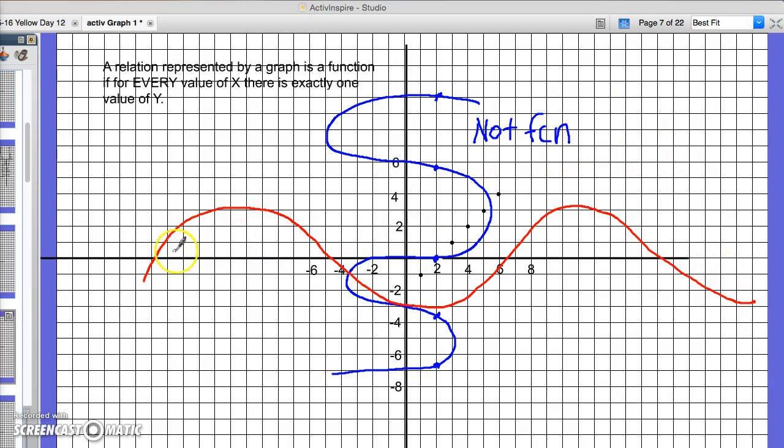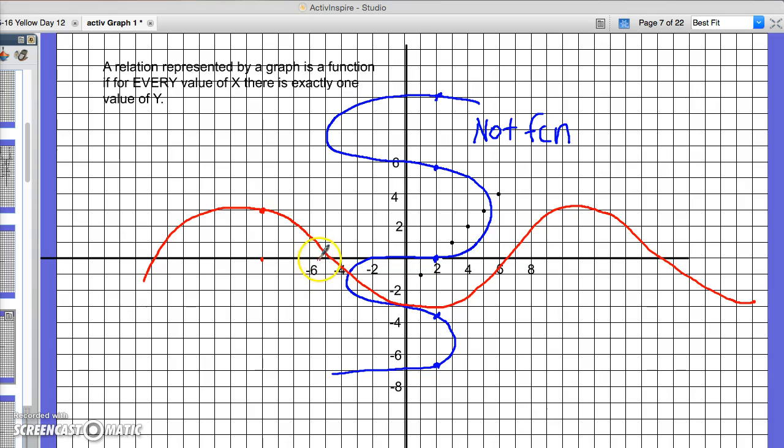So if I pick any x, for example right here, and I find the value of the curve at that point, there it is. Notice, for this value of x, there's only one value of y. In this case, it's 3.